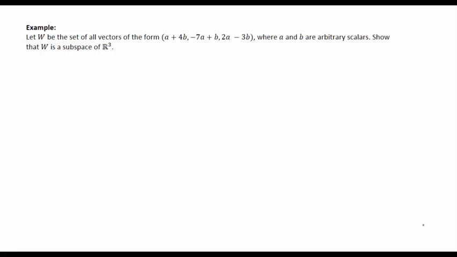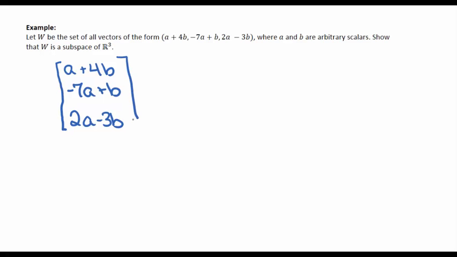And my last example, let's let W be the set of all vectors of this form, where A and B are arbitrary scalars. And we want to show that W is a subspace of R3. Well, first I can rewrite this in column form, and then I can break it up the same way I've been breaking up general solutions.